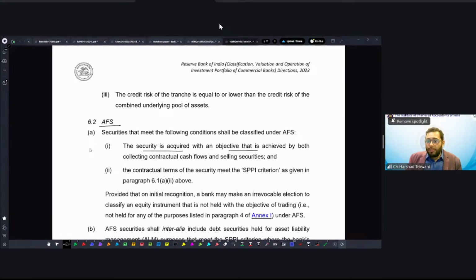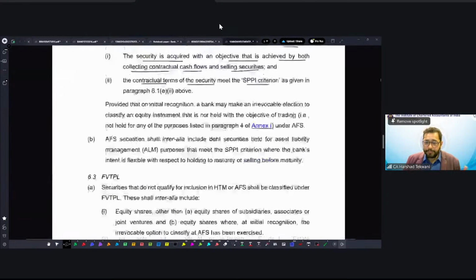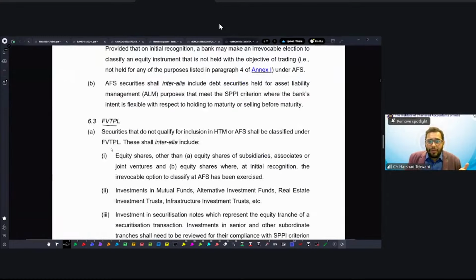Securities acquired with an objective that is achieved by both collecting contractual cash flow and selling securities, where the contractual terms of the security meet the SPPI criteria, which is given again in this regulation itself. Those are required to be classified as available for sale. Then fair value through profit and loss account.